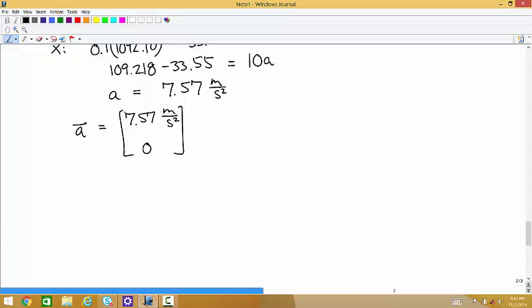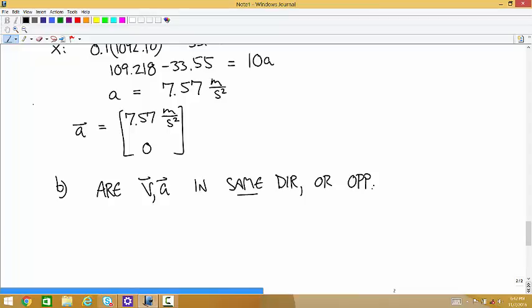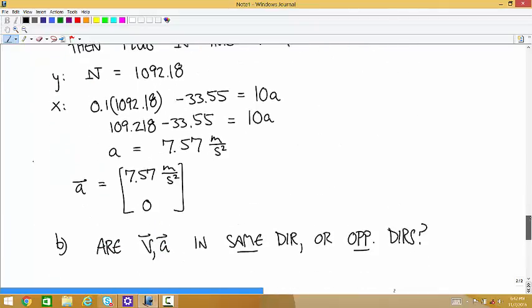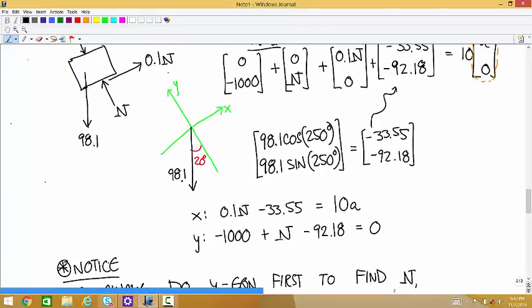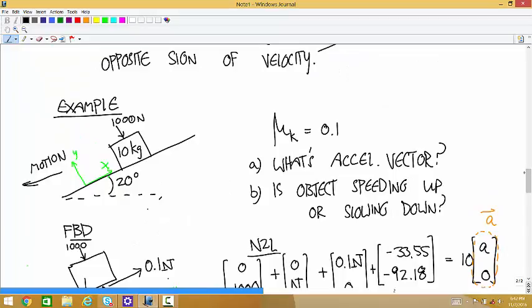Okay, so now how do we know whether it's speeding up or slowing down? Yeah, exactly. So for part B, to figure out if it's speeding up or slowing down, the question is, are the velocity and acceleration in the same direction or the opposite directions? In this case, we have an acceleration that's in the positive x direction, up the ramp.